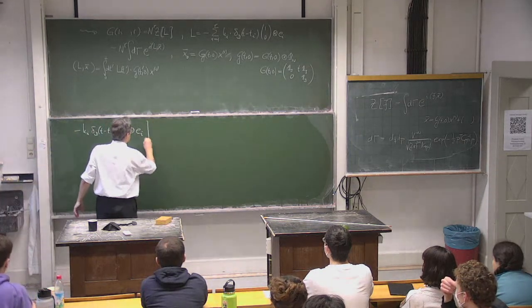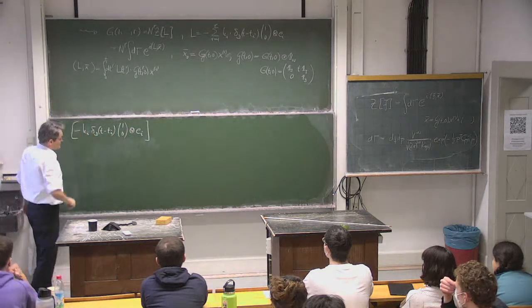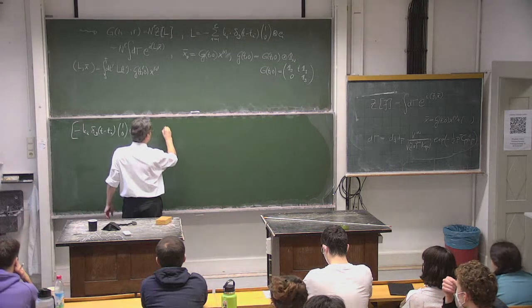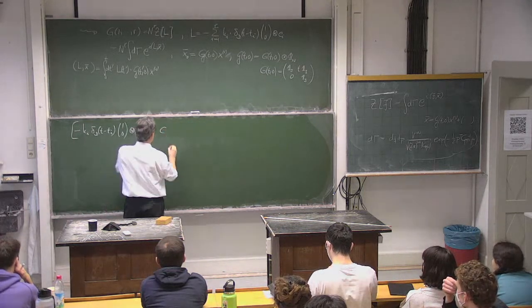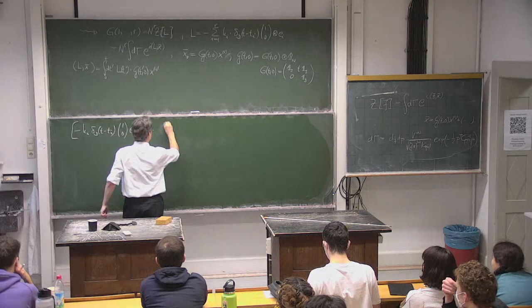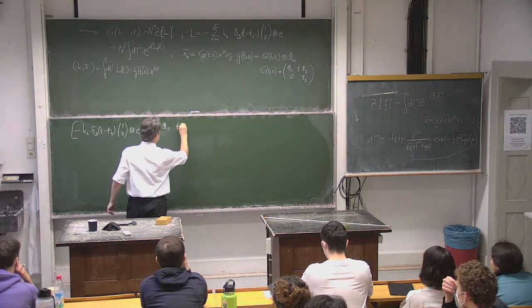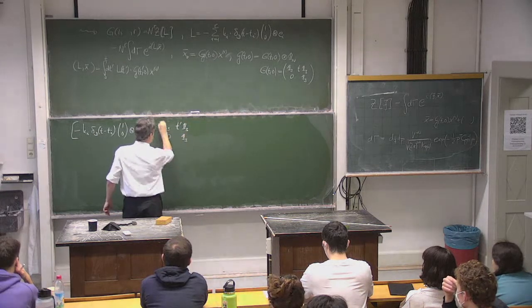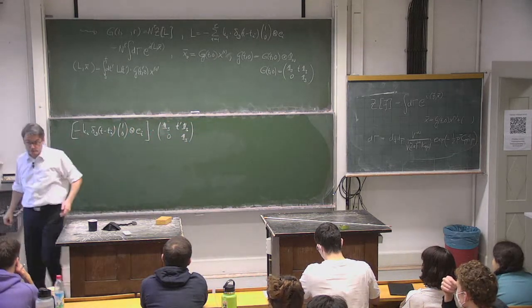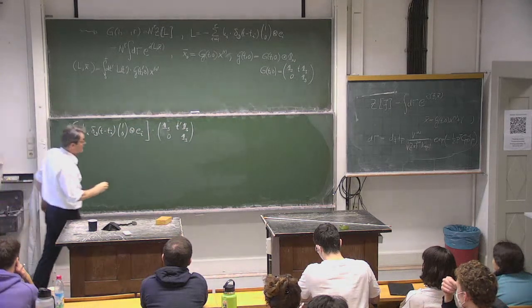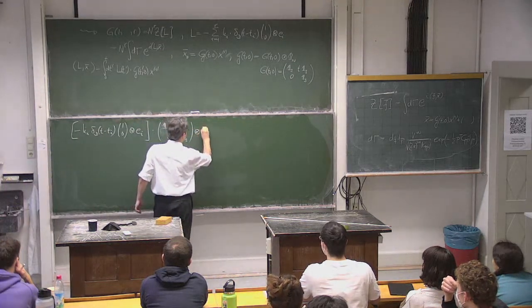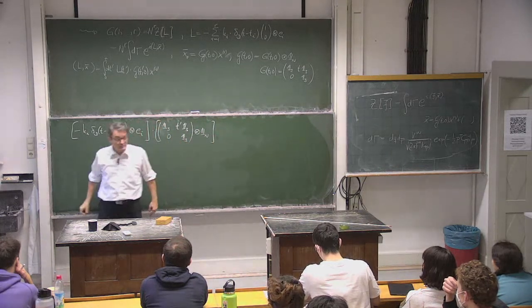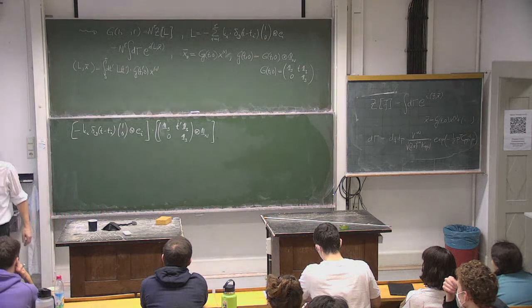Now I need to take the ordinary scalar product with the Green's function, which is the same for all the particles. It's the complete Green's function structure that I have.